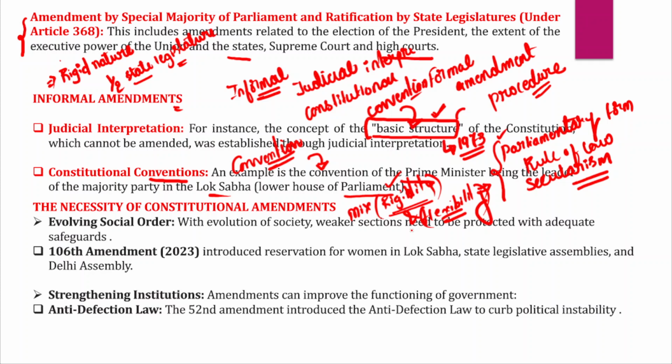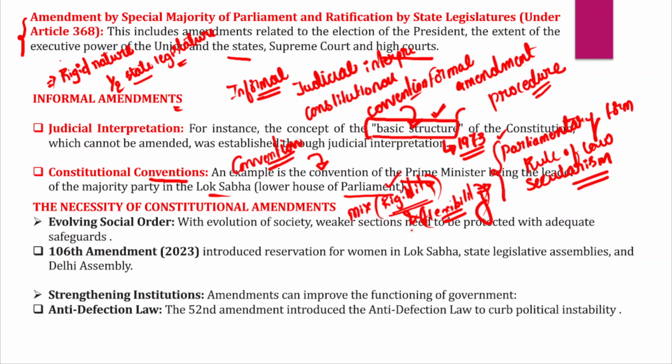Now, what is the necessity of constitutional amendment? We are living in a society which is not stagnant. Society changes over a period of time. Any constitution should keep pace with the changing nature and changing needs of the society.